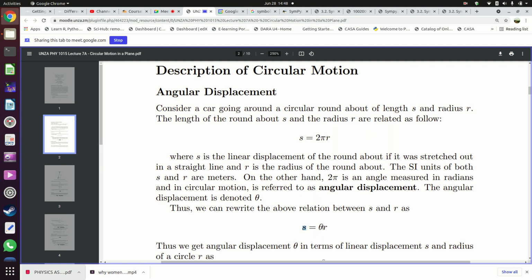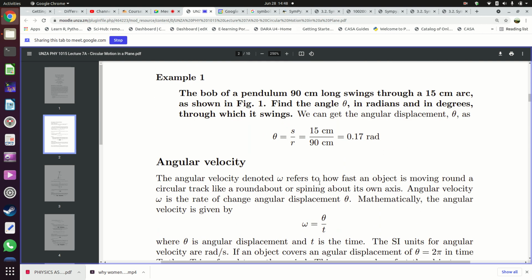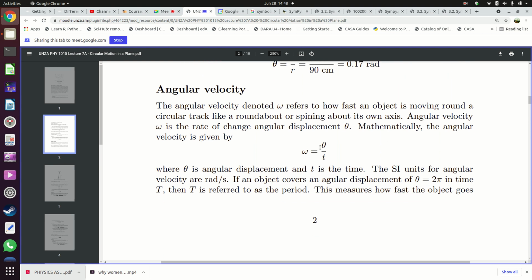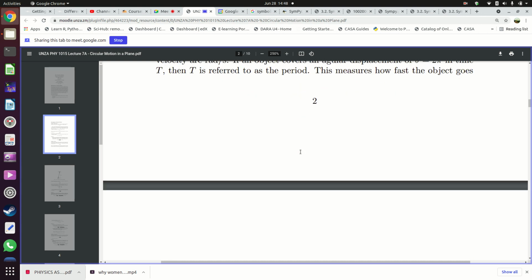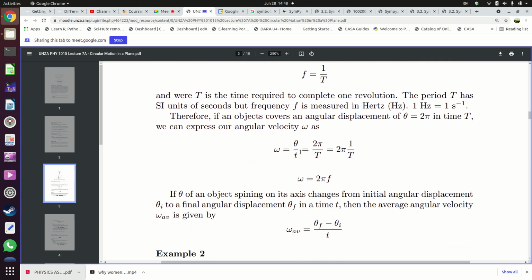Theta divided by t gives me omega. So the relationship v is equal to omega r comes from here. If you divide both sides of an equation by the same thing, you haven't changed anything, but we come up with a new relationship.